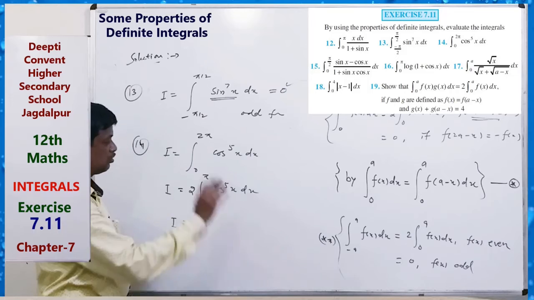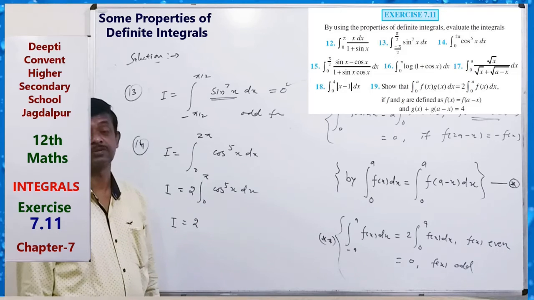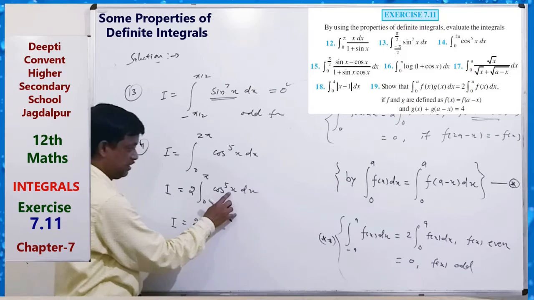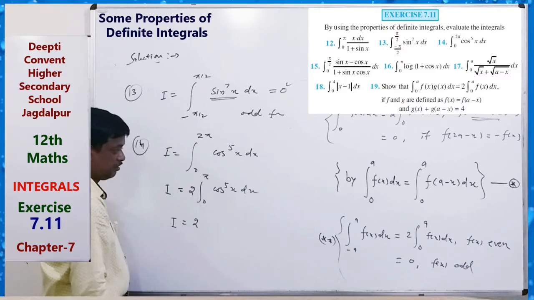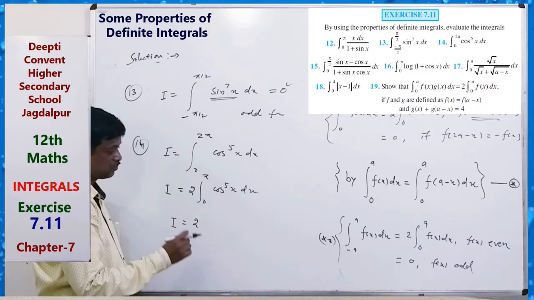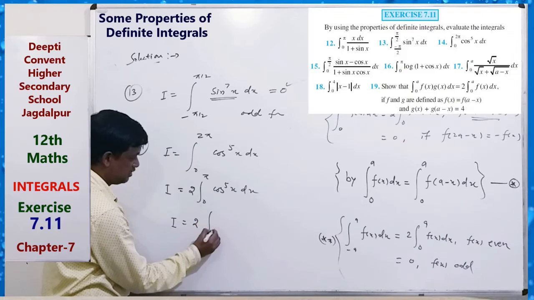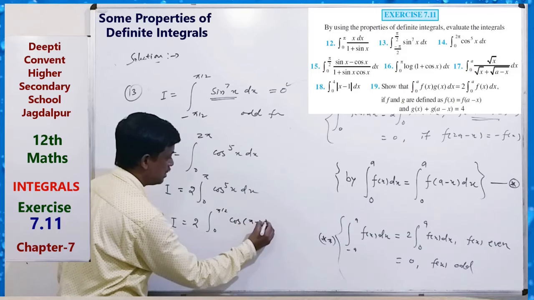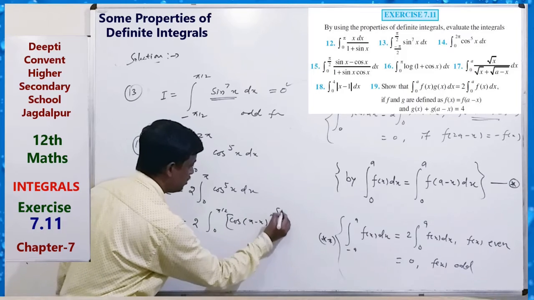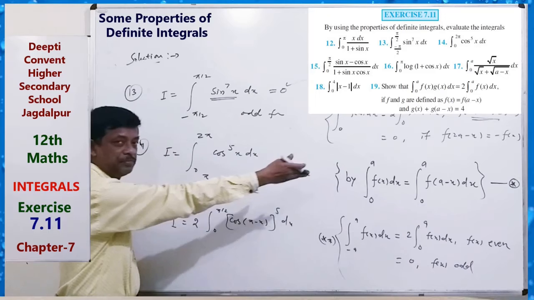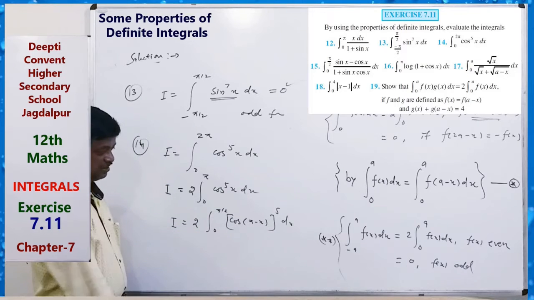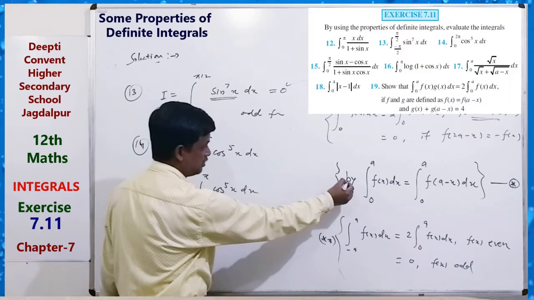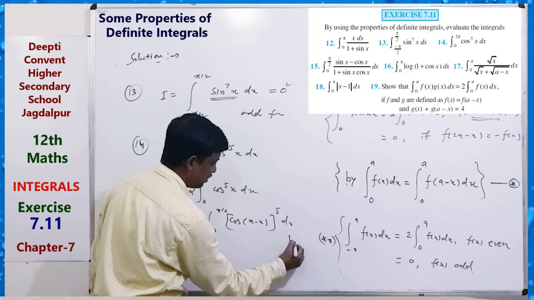By using the a minus x formula, the integral from 0 to π of cos^5(π − x) dx.